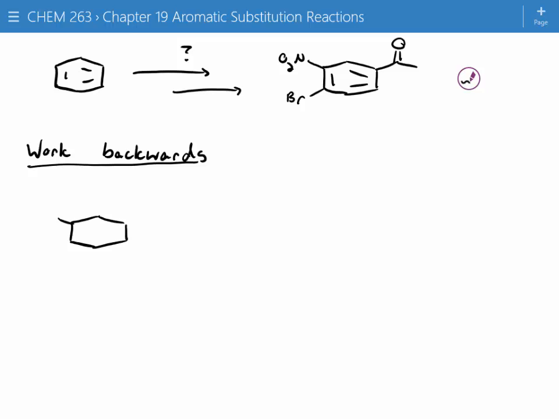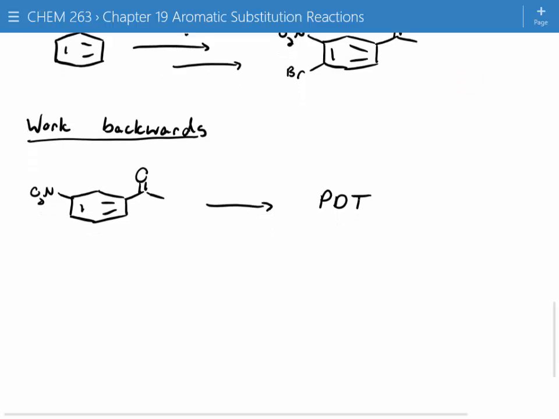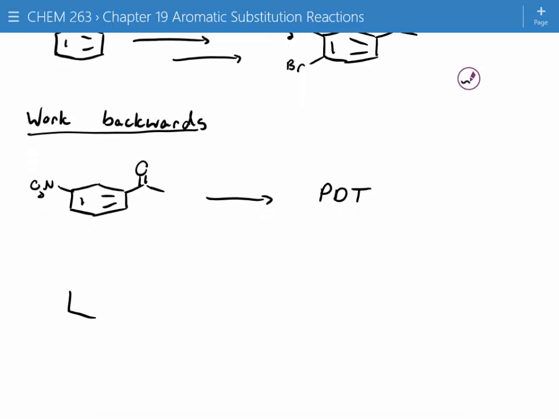That would mean our starting material would have to have the nitro group on and our ketone on. And we could go to our product. Or we could install the nitro group last and have our bromine on. And we could get to our product.